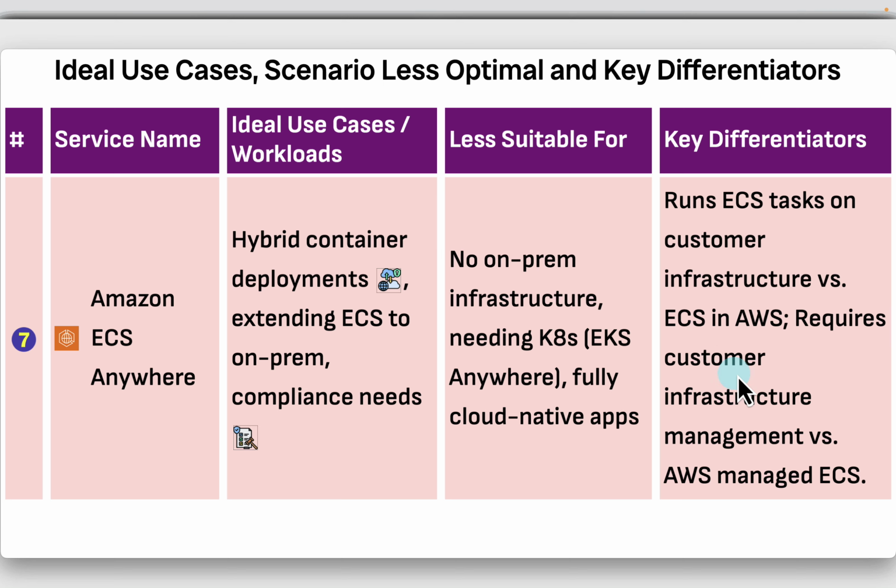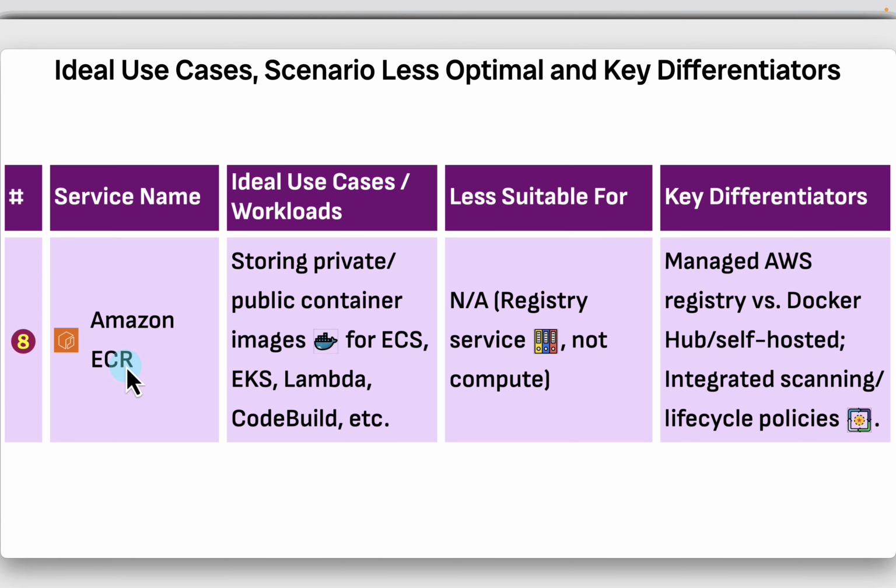It requires customer infrastructure management versus AWS managed ECS. So this is just the slight difference between ECS and ECS Anywhere. And there is a slight contrast with Kubernetes, which is EKS Anywhere. With EKS Anywhere, you run EKS on-prem plus a hybrid solution on AWS, but this is ECS and is slightly different from that.